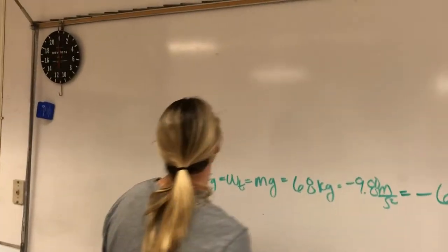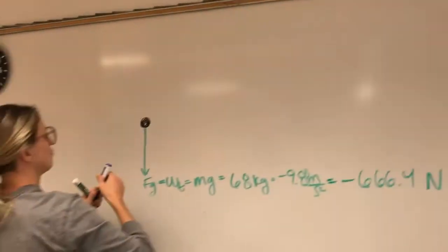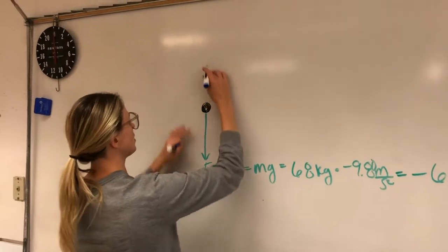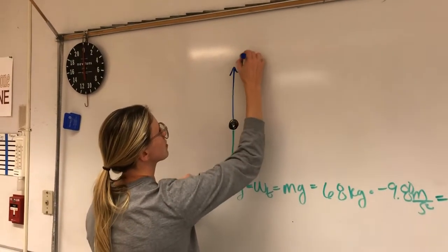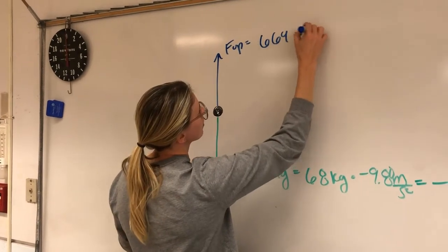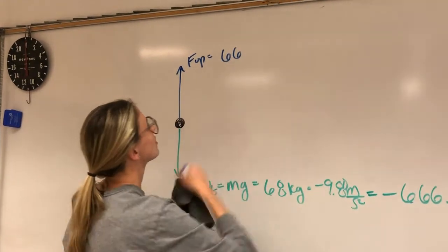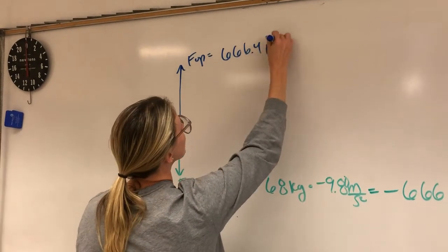Don't leave your number naked. Okay, and then if we're in one spot, we're not falling, we're not flying up, that means that the top part, this force up, must be the same thing, yes? Yep. So it's going to be a positive 666.4.